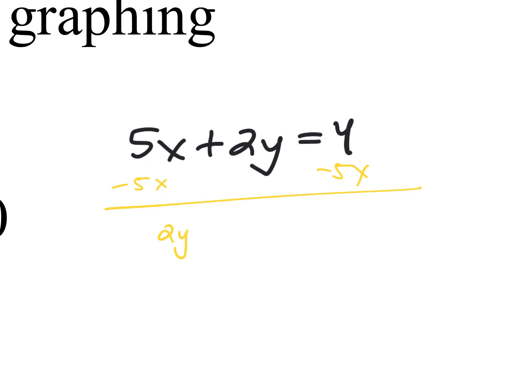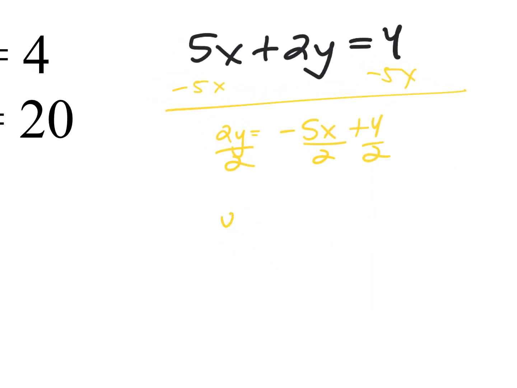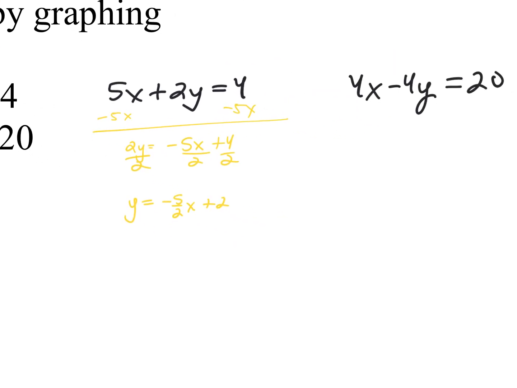So you have 2y equals negative 5x plus 4, and we're going to divide by 2. So y equals negative 5 over 2x plus 2. Agreed? So my y-intercept is 2, and my slope is negative 5 over 2.